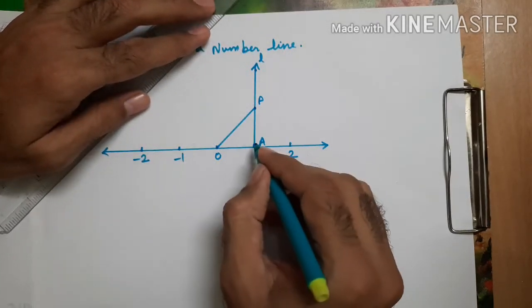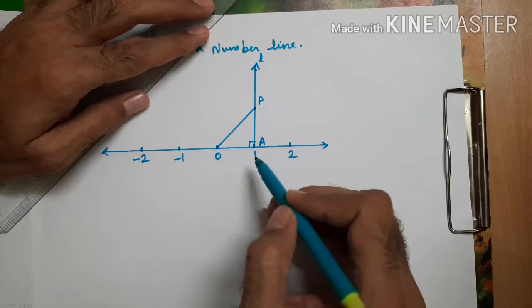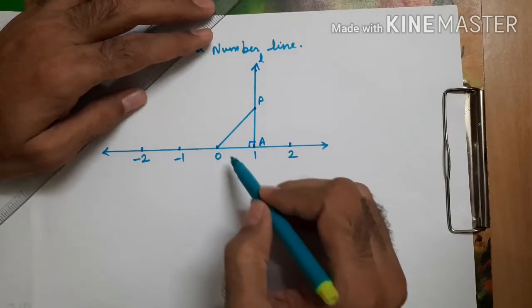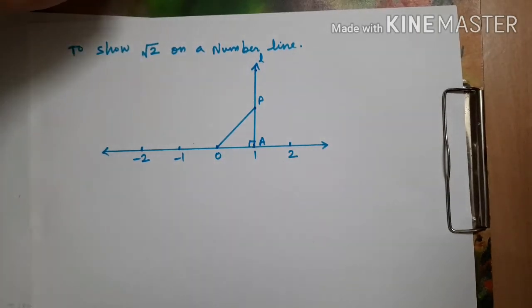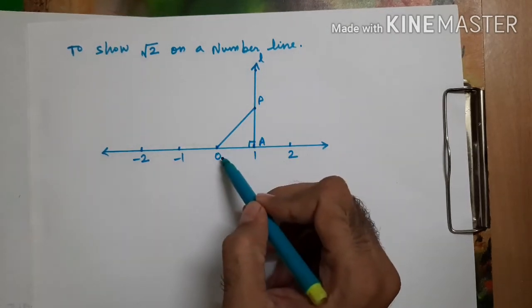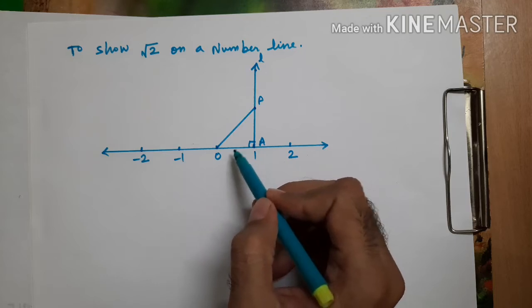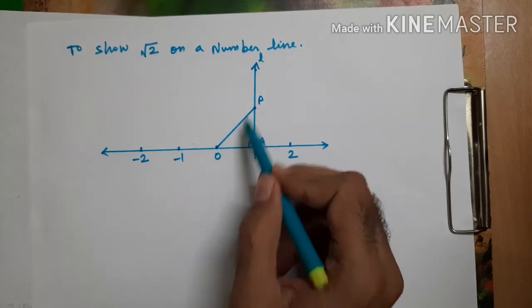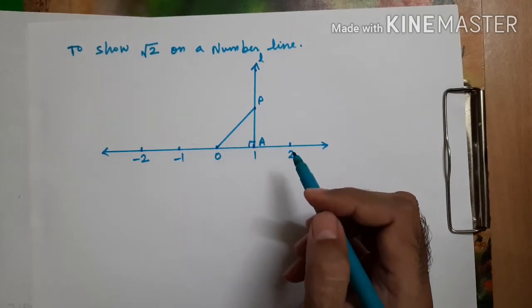As this line L is perpendicular, this triangle OAP is a right angled triangle. Now we have to find distance OP. So how can we find distance OP in triangle OAP? Yes, by Pythagoras theorem.